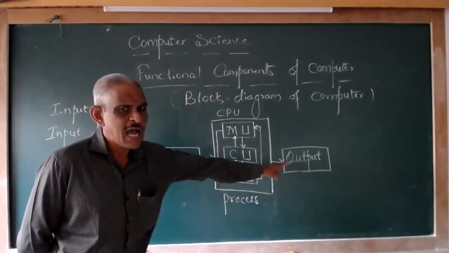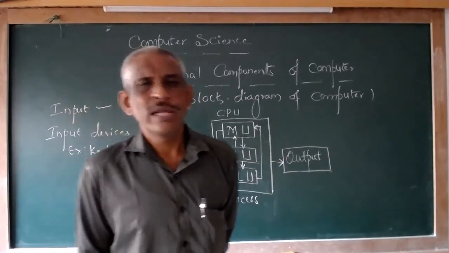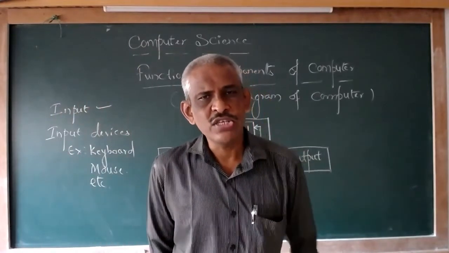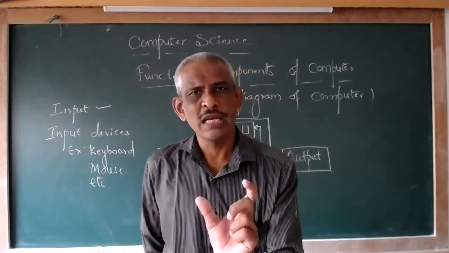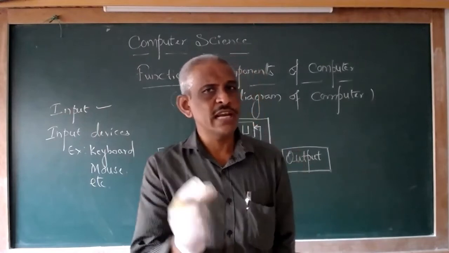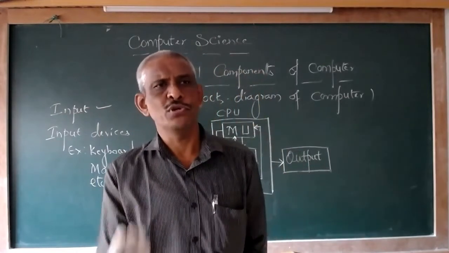Input's opposite is output. What is output? The information which we are getting from the computer is called output. The information which we are getting from a computer is known as output.